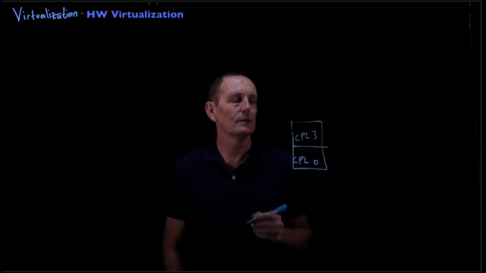Give an overview of the hardware virtualization, which we will talk about in more detail in a later video. So what happens really is we provide still two levels, well, really 4 levels, but 2 levels that we use, CPL0 and CPL3.